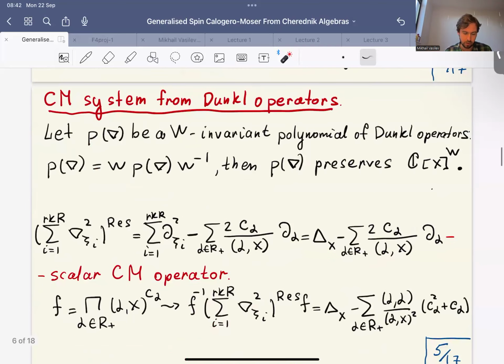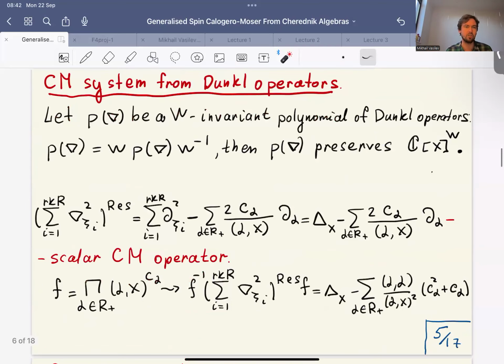Then how can we construct Calogero-Moser systems from Dunkl operators? We do the following. Let's take some W invariant polynomial of Dunkl operators. For example, in A-type, this will be something like Newton sums.